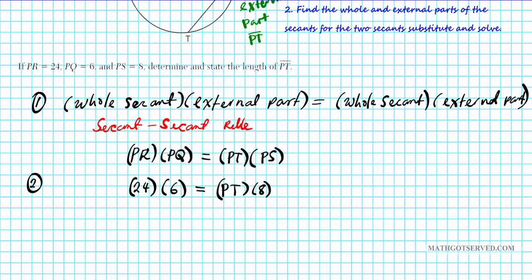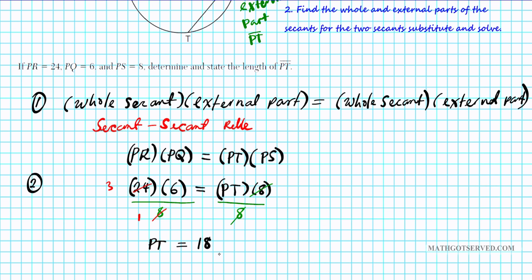We can multiply and divide, but I'll be lazy and divide first by 8 so I can reduce before I multiply and save time. So the 8's cancel out. The length of secant PT is equal to, 8 goes here once, 8 goes here 3 times, 3 times 6 is 18. So that is the length of PT.